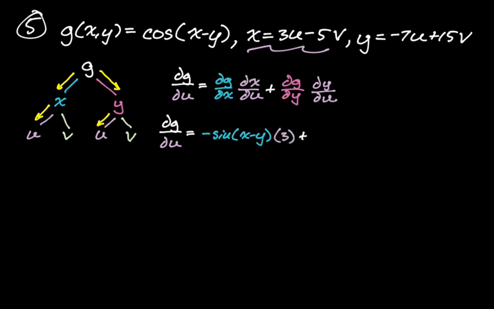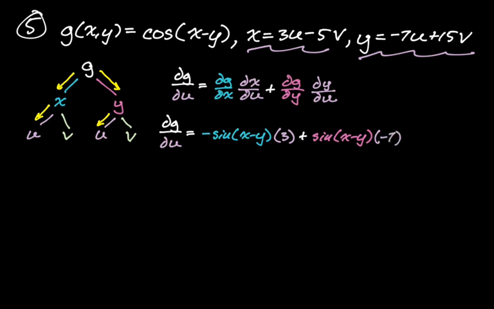Plus partial g partial y, the derivative of cosine of something is negative sine of that thing. The derivative of x minus y with respect to y is negative 1, so we get negative sine, so positive sine of x minus y, and then times partial y partial u. So here we have y is negative 7u plus 15v, partial u is negative 7.